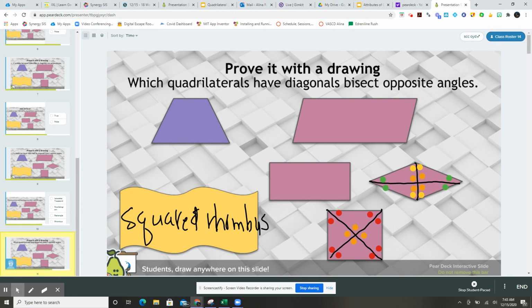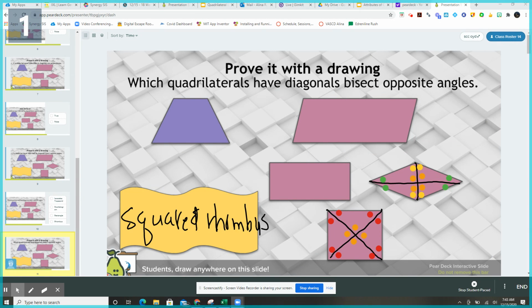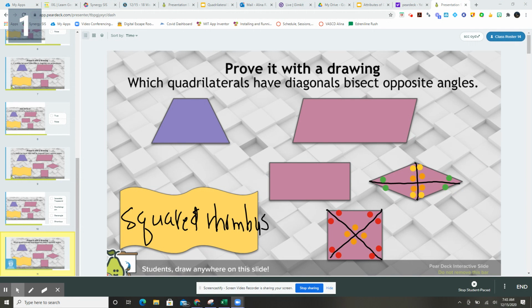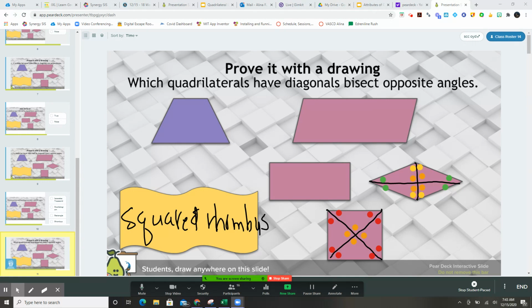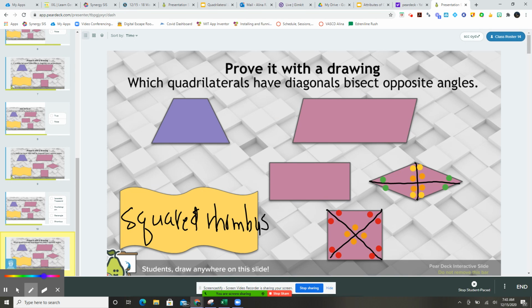All right, I'm going to share my screen again. I think I want this one. So this is my Pear Deck. And if I draw on top of it, what I asked you to do was draw these diagonals. Lots of people did the vertical angles.